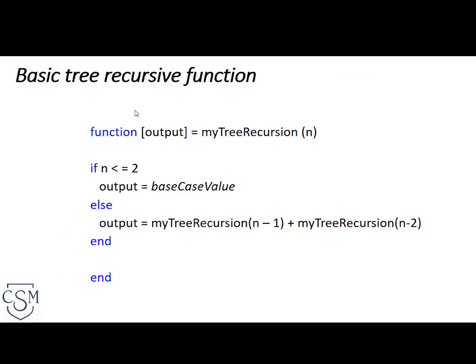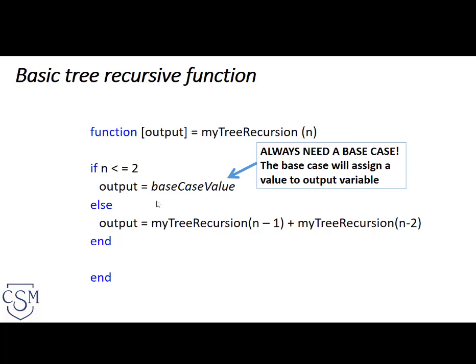So a little bit more complicated than the linear recursive functions we're doing are recursive functions that branch, and we call that a tree recursive function. And here's sort of the basic structure. And it looks similar to the previous version of our recursion, except for one minor thing.